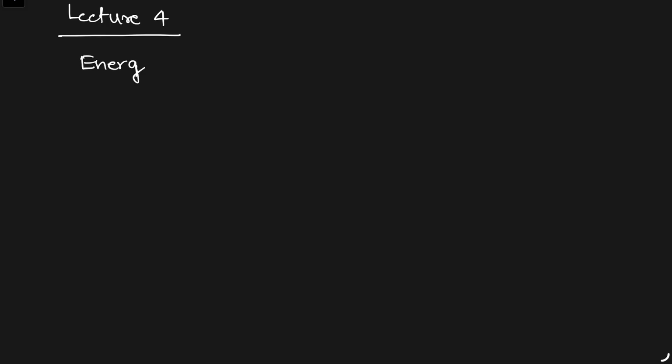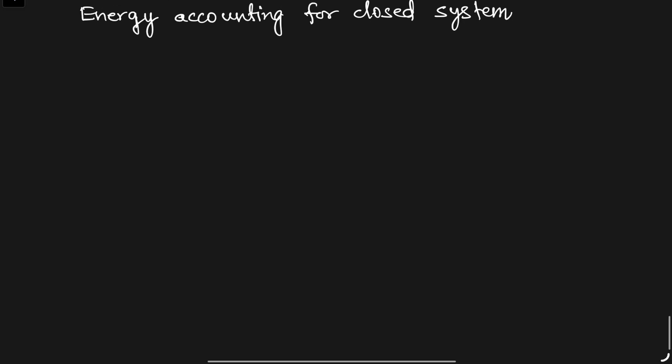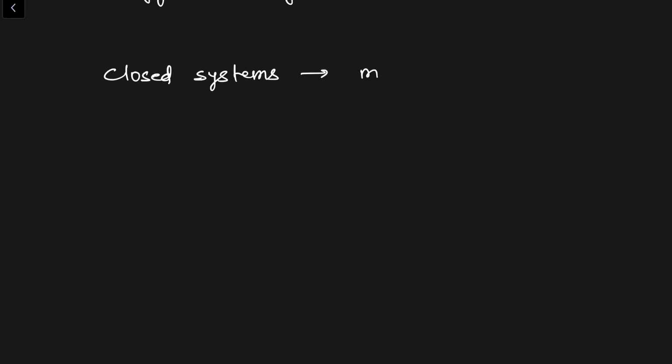So energy balance, actually energy accounting for closed systems. If you recall from our lecture 1, where we defined closed systems, we know that in closed systems mass transfer is not allowed, but energy transfer is allowed.